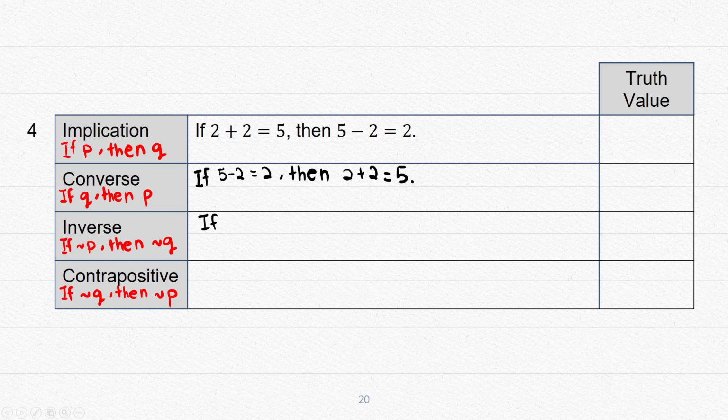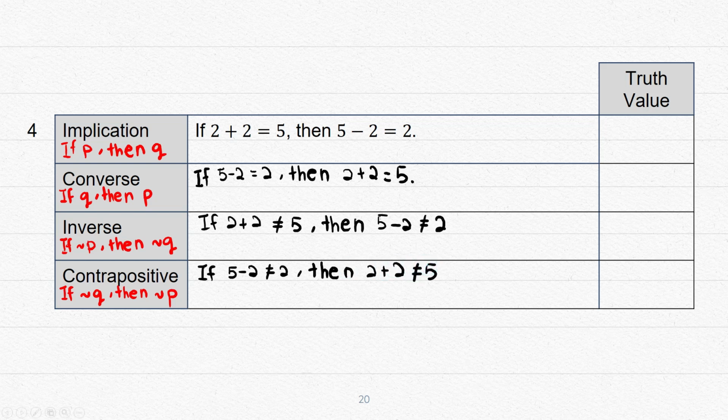If 2 plus 2 is not equal to 5, then 5 minus 2 is not equal to 2. Great. For the contrapositive, if 5 minus 2 is not equal to 2, then 2 plus 2 is not equal to 5. Good.